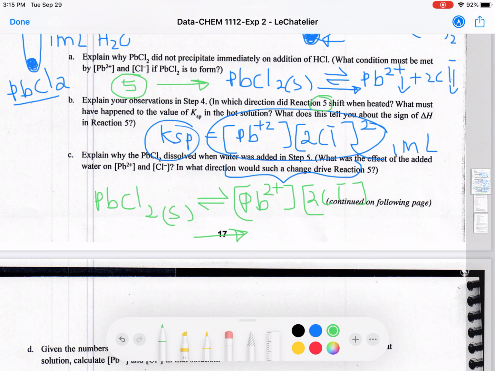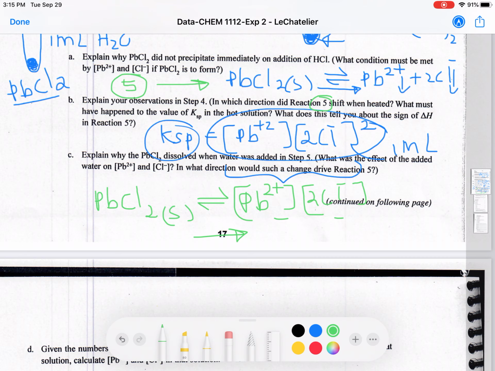So what do you think this reaction is, exothermic or endothermic? Now remember, in exothermic and endothermic reactions, we can consider heat either as a reactant or a product. If the equilibrium shifts, making more of the lead ions and the chloride ions, these two products, what must have been added? Is the heat going to be a reactant or a product?